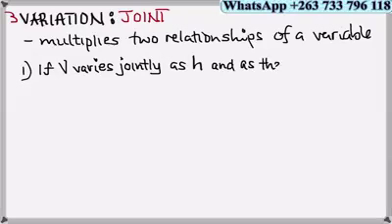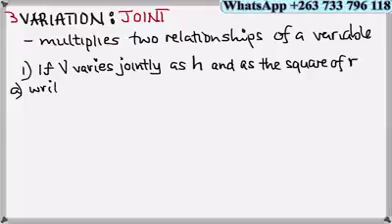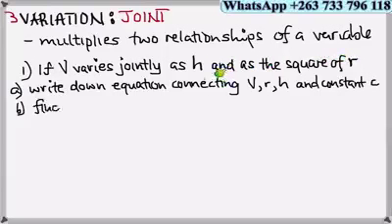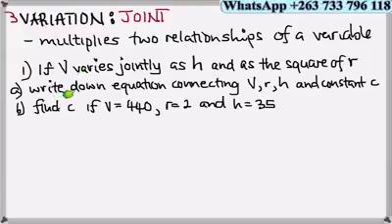If v varies jointly as h and as the square of r, you can see that v is related to two variables here. So this "and" means we are going to multiply. Part A: write down an equation connecting v, r, h and a constant c.